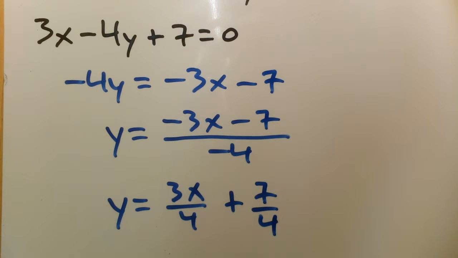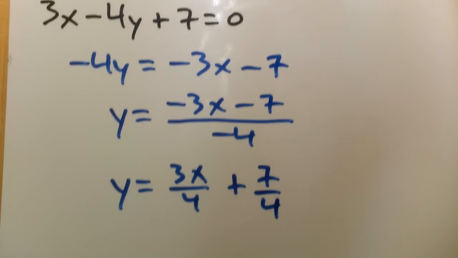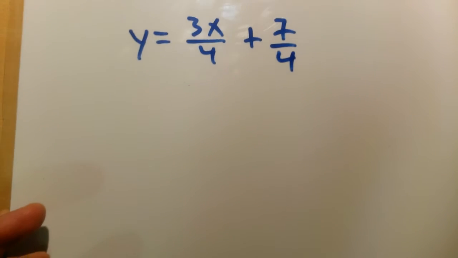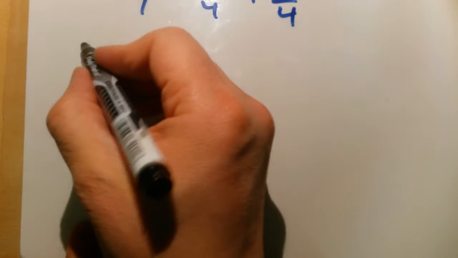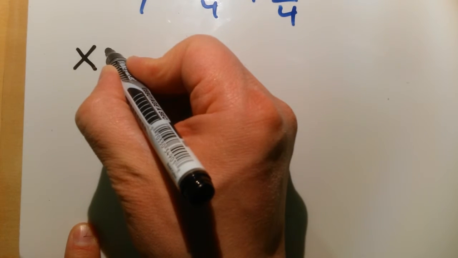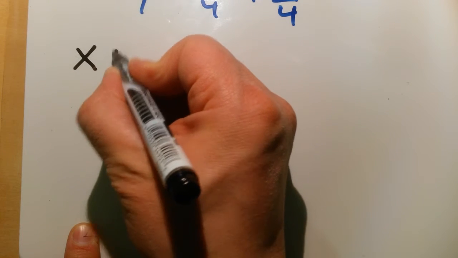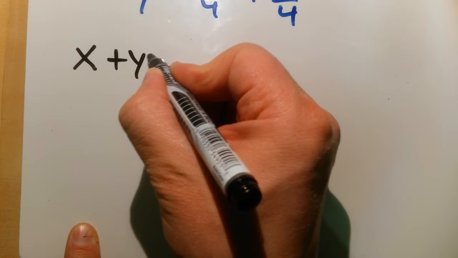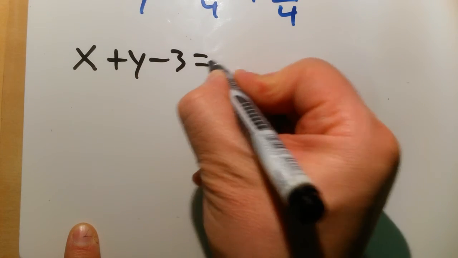Let's look at another example, which is x plus y minus 3 equals 0.